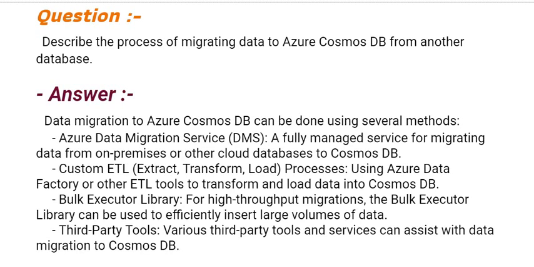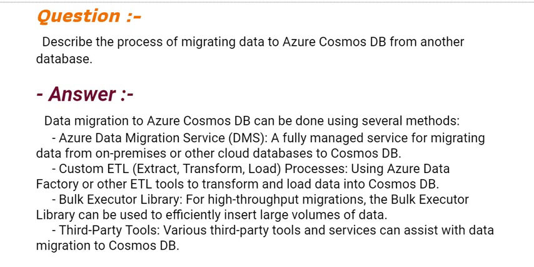Our next question is: describe the process of migrating data to Azure Cosmos DB from another database. Your answer should be, data migration to Azure Cosmos DB can be done using several methods. The first method is Azure Data Migration Service (DMS), a fully managed service for migrating data from on-premises or other cloud databases to Cosmos DB.